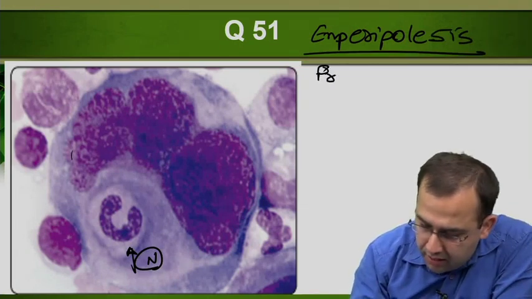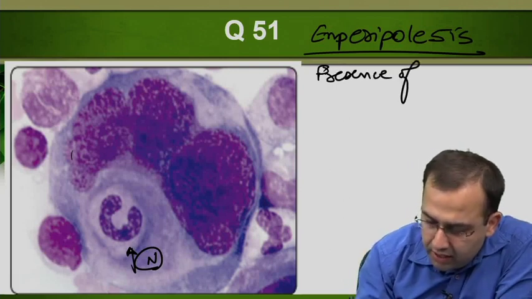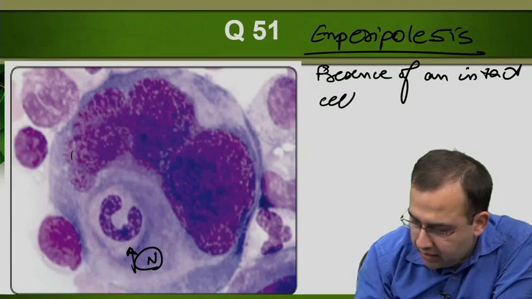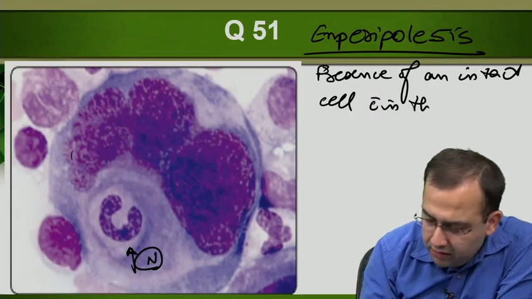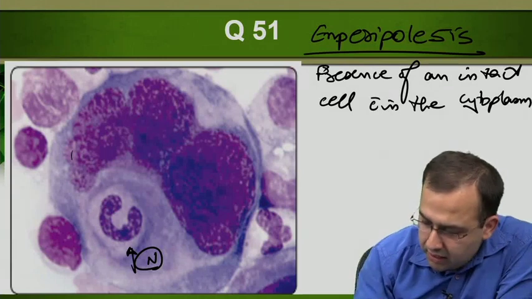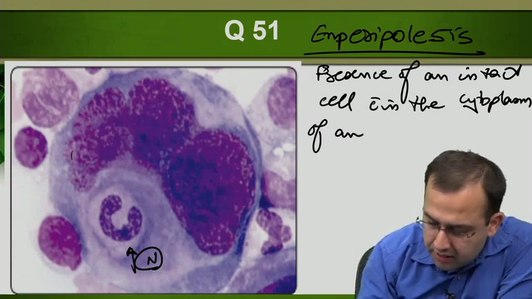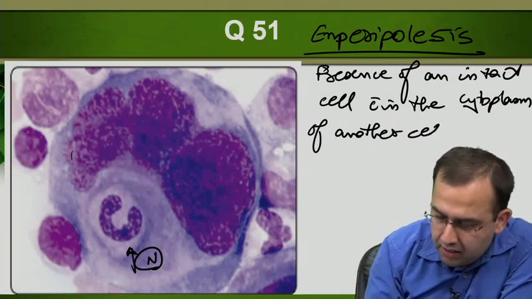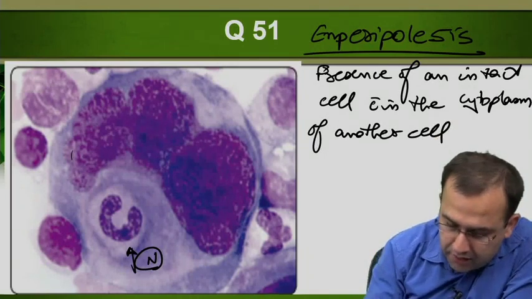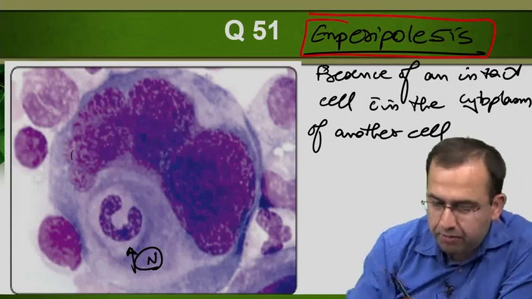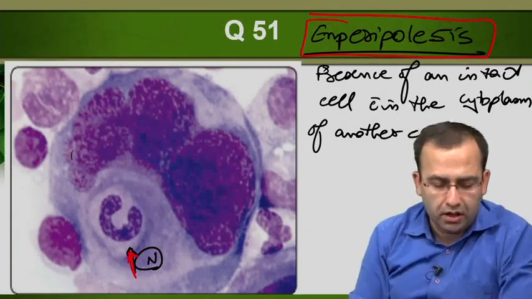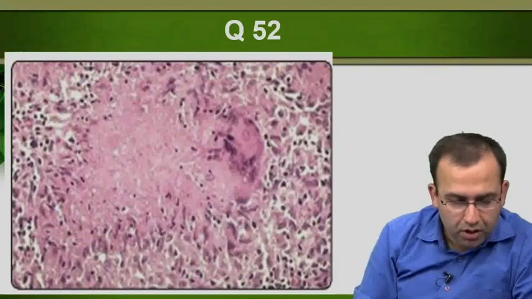Emperipolysis is the presence of an intact cell within the cytoplasm of another cell. This is called emperipolysis. The neutrophil is getting engulfed in this cell. Emperipolysis.